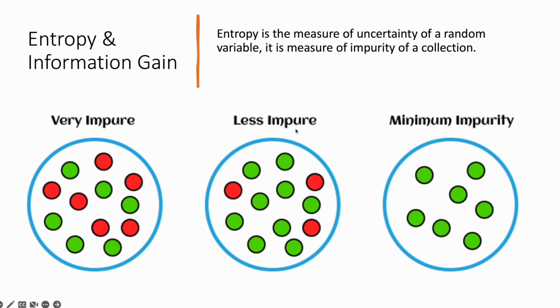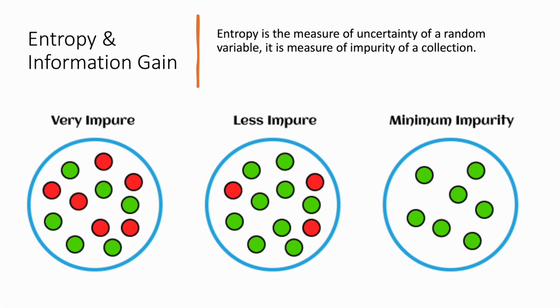This is less impure. Why? Because the red balls are very few compared to green balls. This is almost pure, or actually pure. This carries the minimum impurity. Why? Because there is only one class present, either red or green. If only one class is present, this is called minimum impurity, or pure, right?